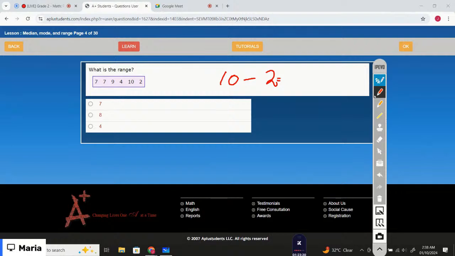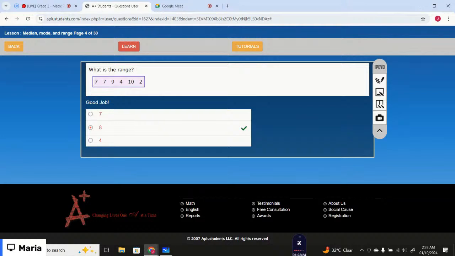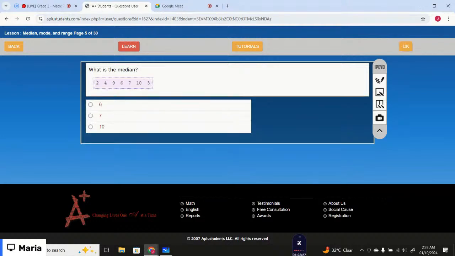So 8 is the range of the given data. Okay, the next one is, what is the median?